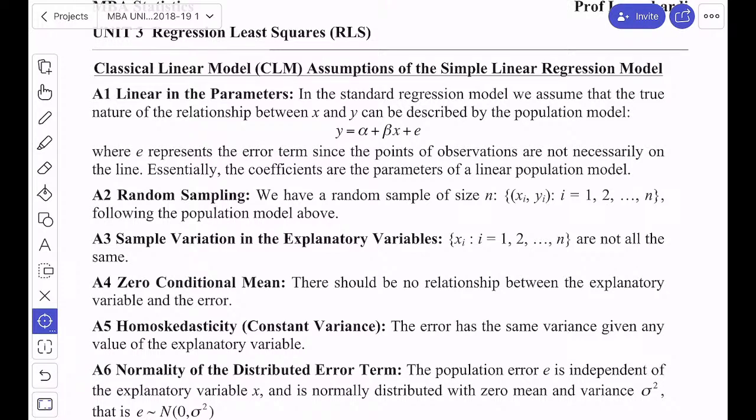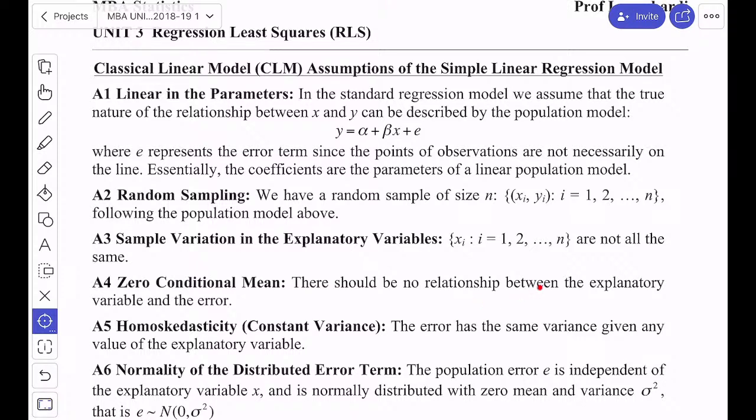And there are some other properties here, or assumptions that are made. That the sampling is random. That the variation of the explanatory variables is not all the same. That there's no relationship between the explanatory variables and the error.